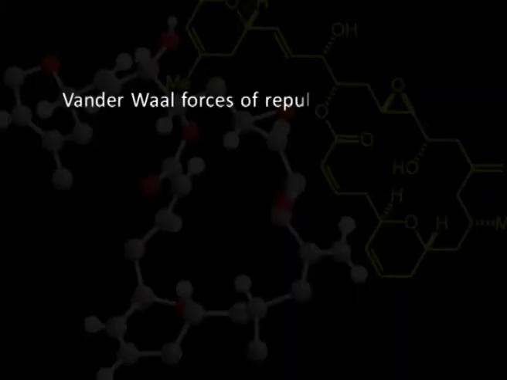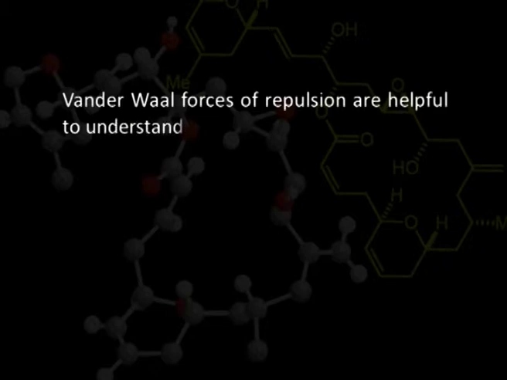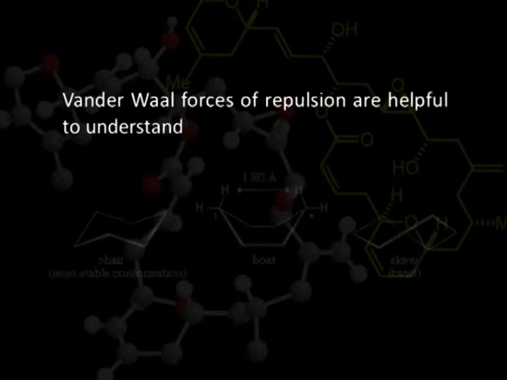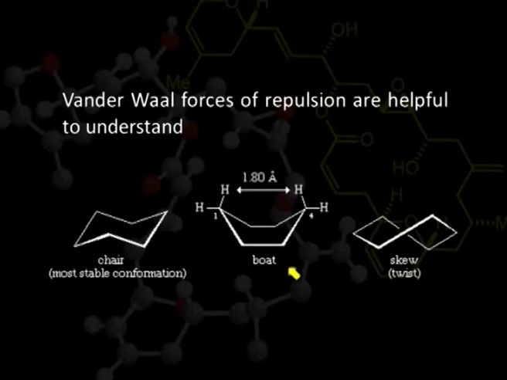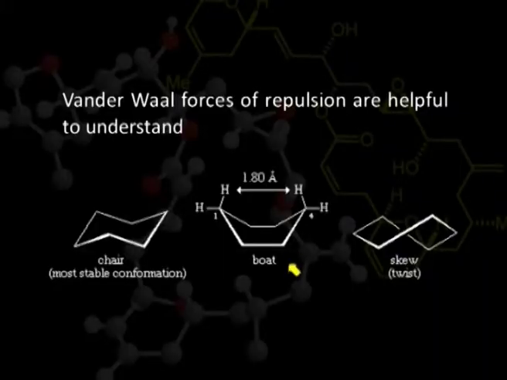Van der Waals forces of repulsion are helpful to understand the instability of the boat form of cyclohexane. In the boat form, the two flagpole hydrogen atoms come at a distance less than the sum of their van der Waals radii, and hence the boat form of cyclohexane becomes less stable.